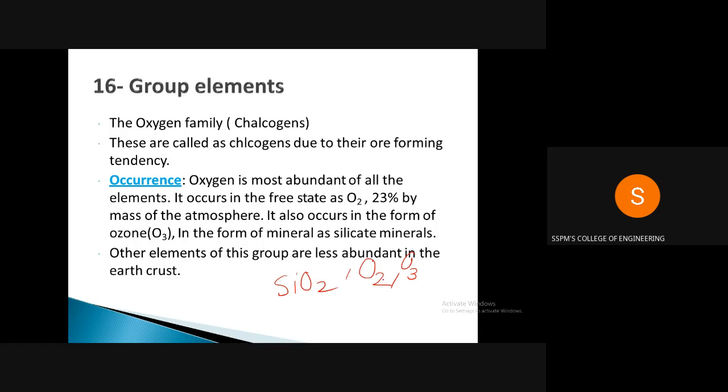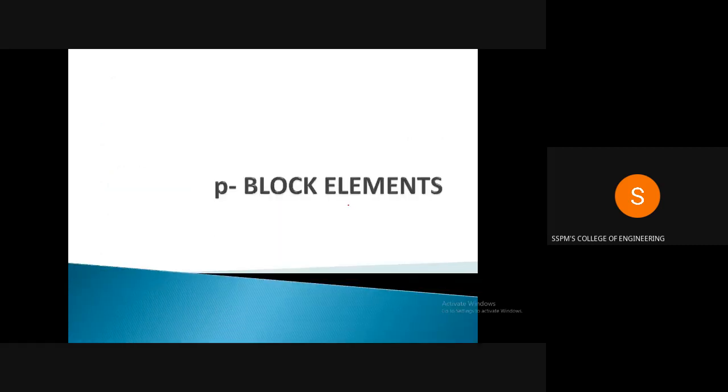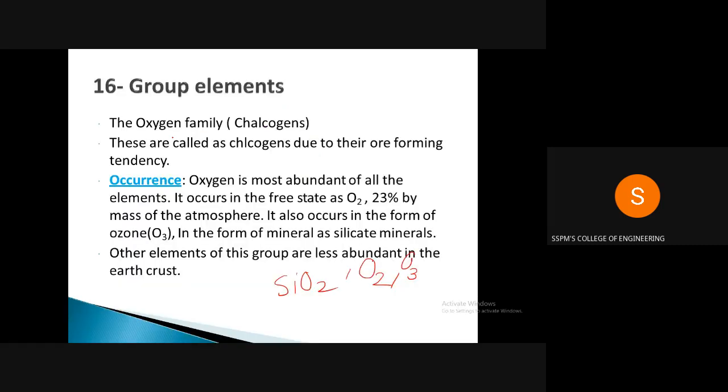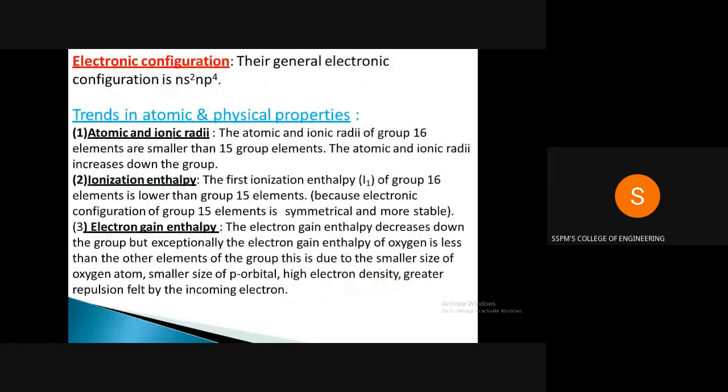Other elements of this group are less abundant in the earth's crust. So the most common occurrence among oxygen family elements is oxygen only. Oxygen is the topmost element of group 16 in the P block, which is most abundant in the air, in the atmosphere.